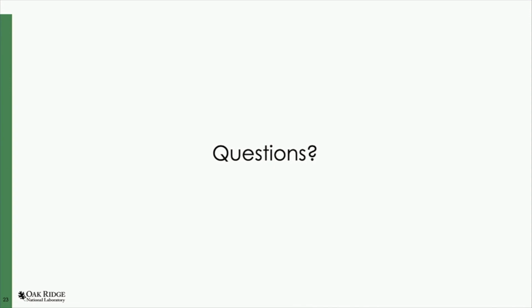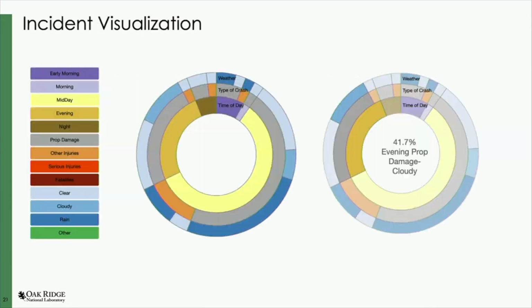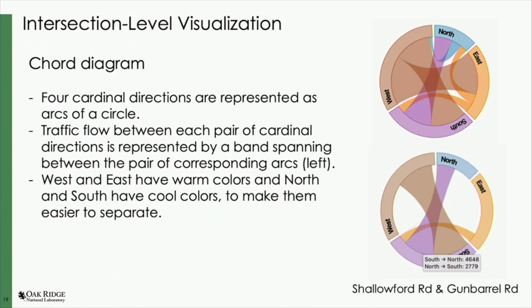Yeah, please. I was just curious, the graphic you showed with the cardinal directions and where cars are going, this one. How was that made? It's based on the data that we get from those GridSmart sensors. Or do you mean from a technical point of view? No, more from a graphical perspective. Okay.